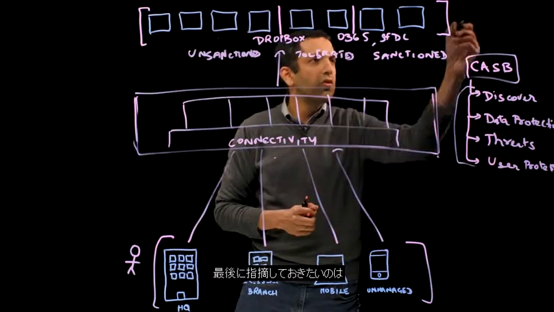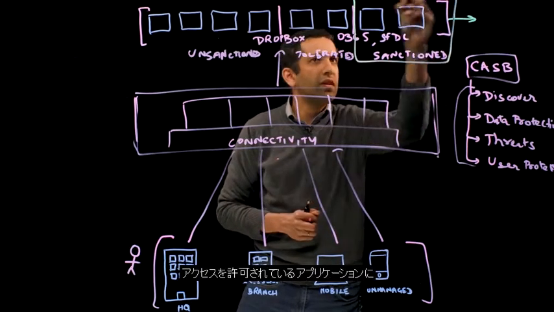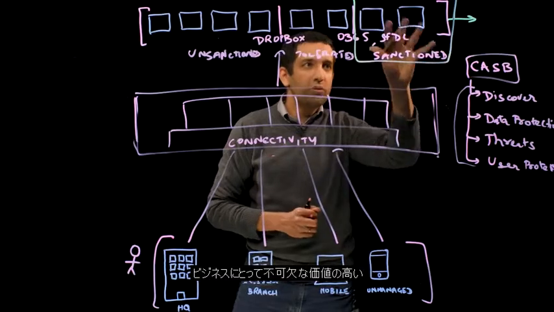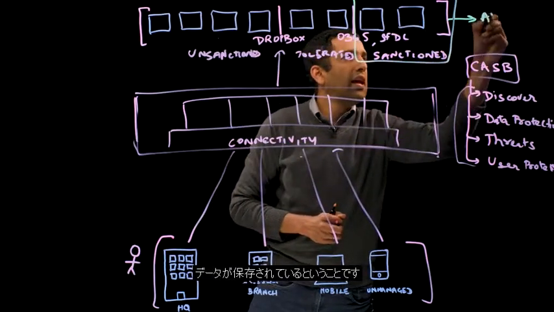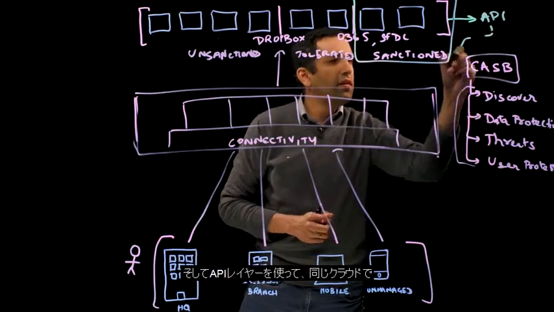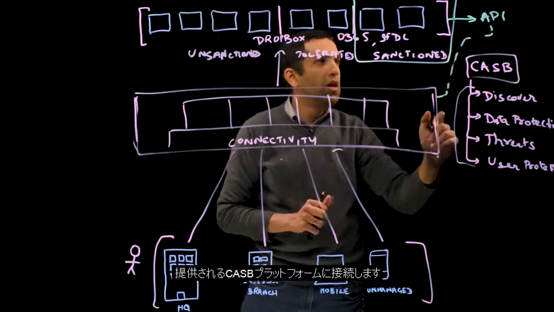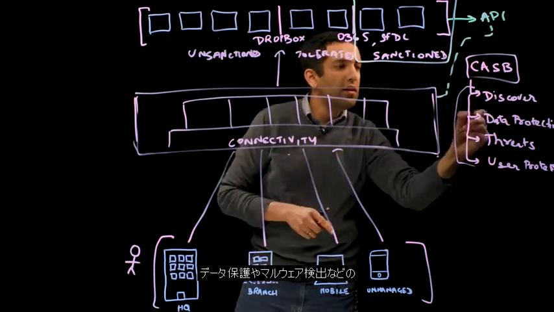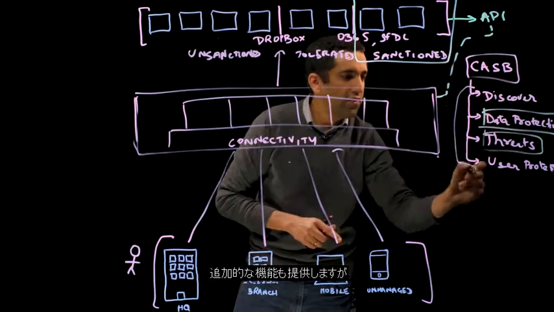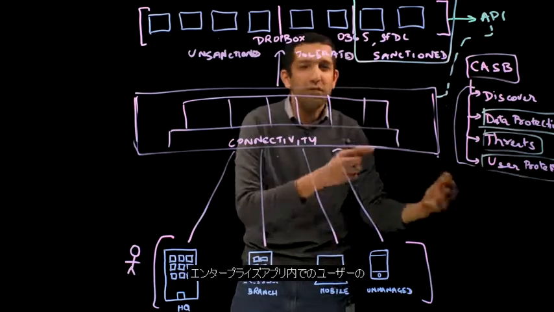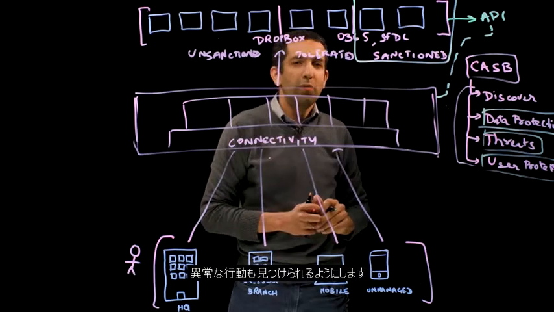Finally, I do also want to call out, for sanctioned applications specifically, your crown jewels, your data is all stored here that are critical to your business. And using an API layer connected to the same cloud-delivered CASB platform, we want to be able to provide additional capabilities like data protection, like malware detection, as well as looking at anomalous behavior of users within these enterprise apps that you may be using here.